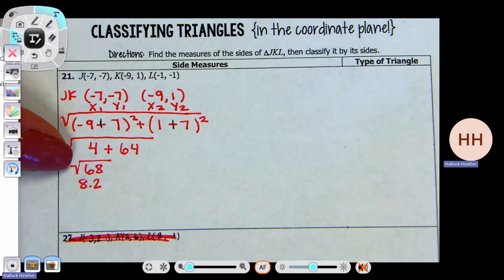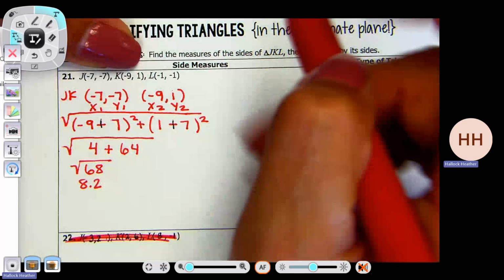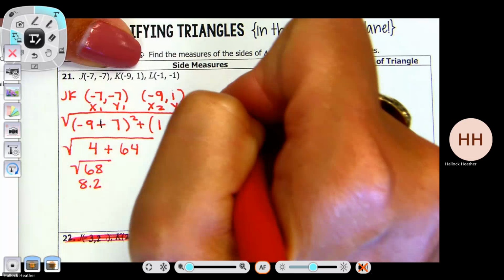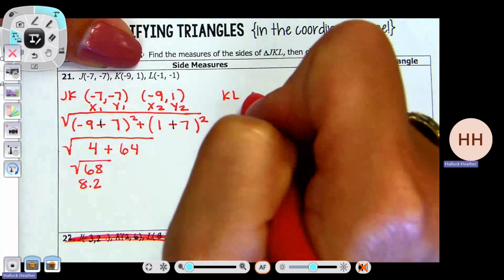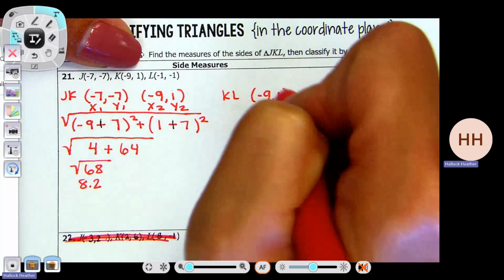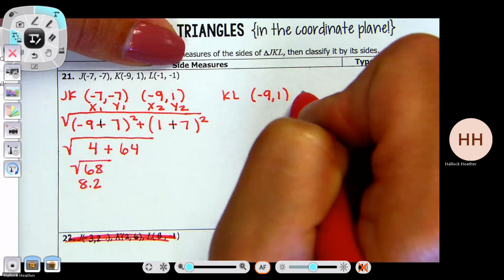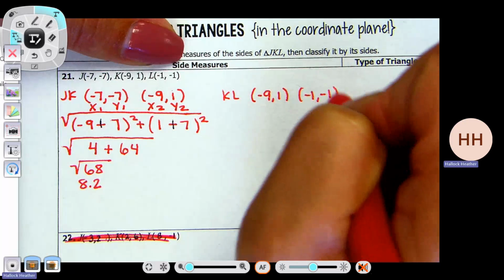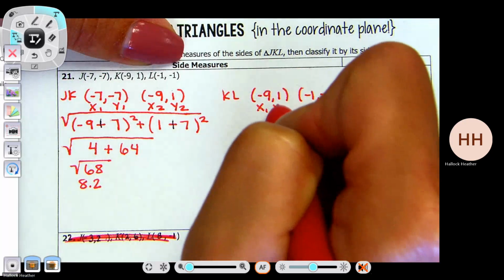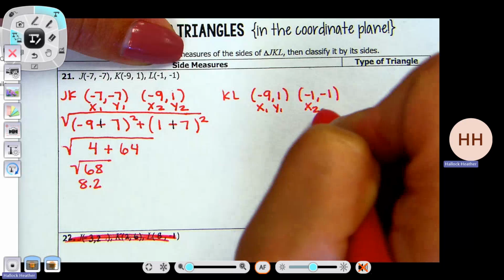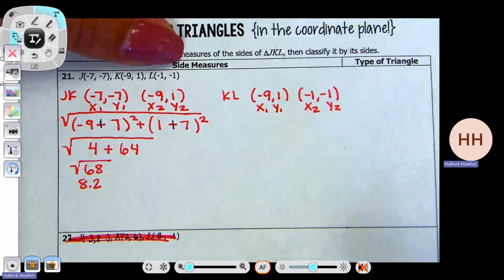So now we're going to do 2 other points. Let's do KL. So K and L, I have -9, 1. -1, -1. And I know this is time consuming, but the distance formula will be on your EOC.